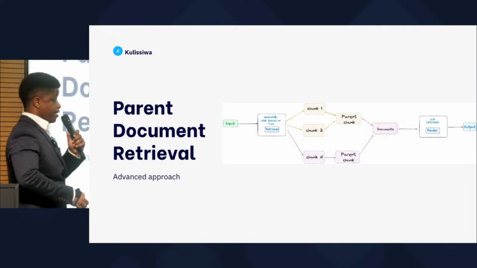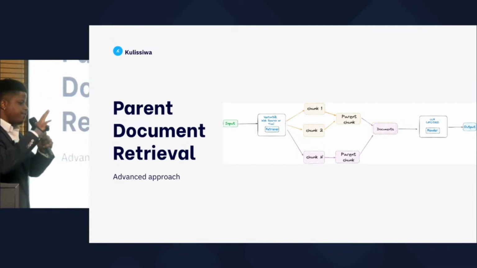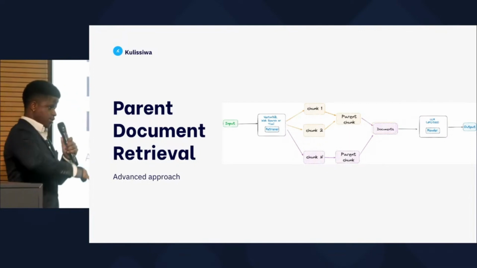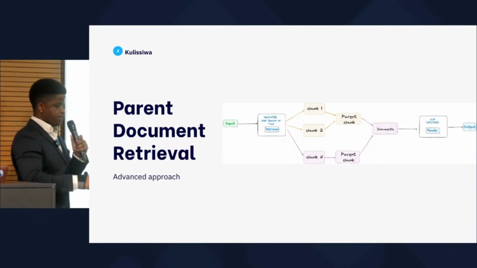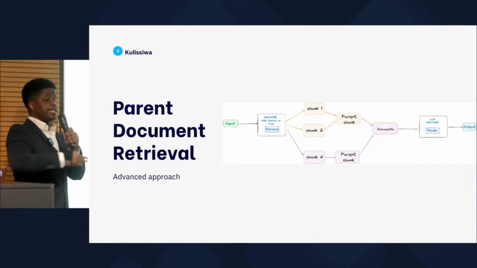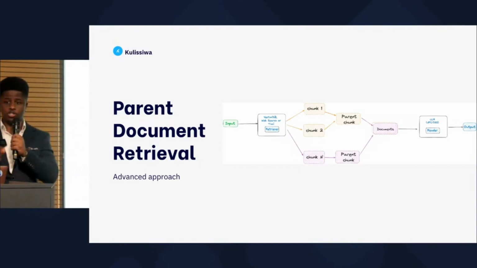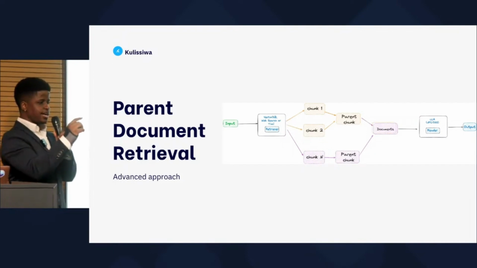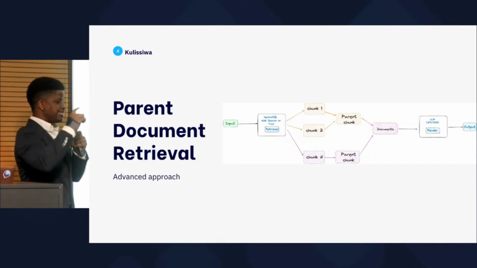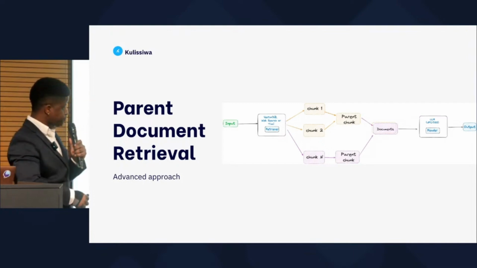Because you can infer that the question the user is asking is within that page, if you return the entire page and you have a powerful model like GPT-4, for example, it will be able to find the answer better than if you are just returning that chunk, because that chunk could be the most similar to the query, but doesn't contain the full answer, right?